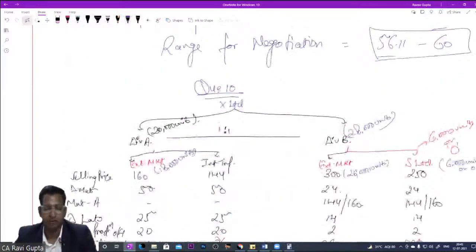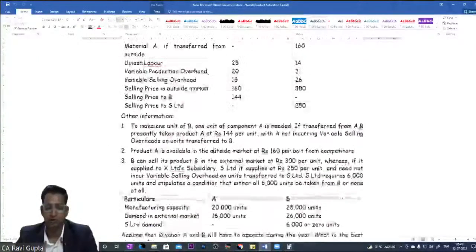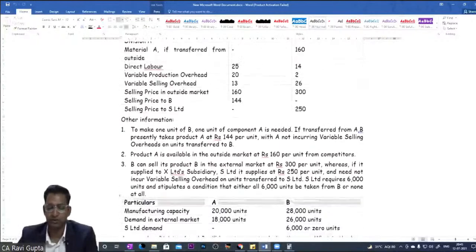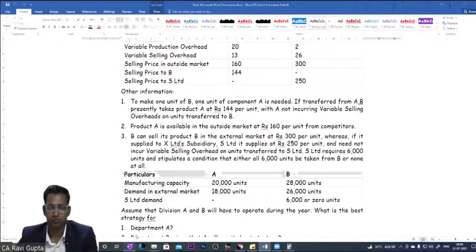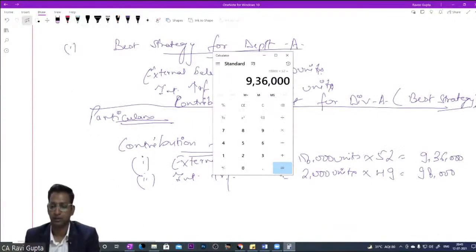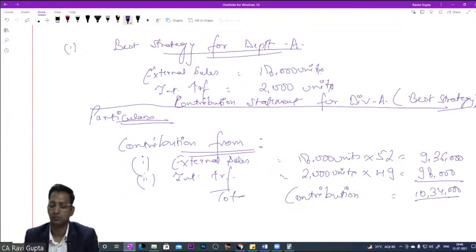Do we have any fixed overhead or fixed cost in this question? There is no fixed overhead or fixed cost in this question. So 10,34,000 will be our total contribution from the best strategy.